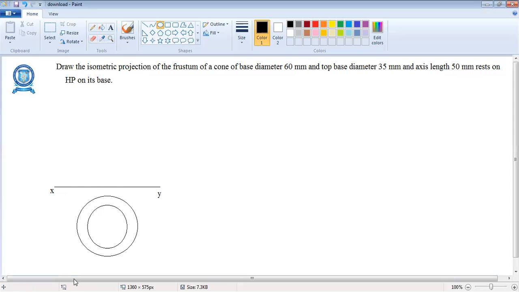Base diameter 60 mm, top base diameter 35 mm. Cone.